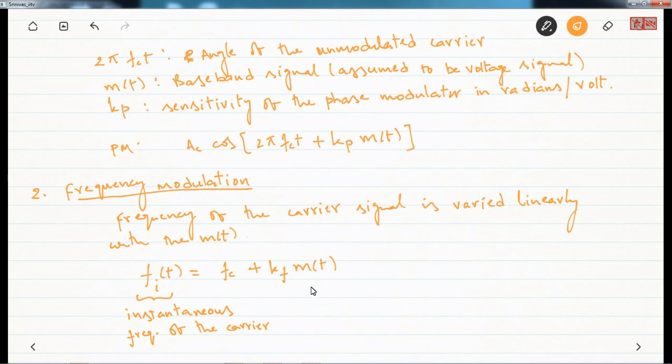And fc is the frequency of the unmodulated carrier, and m of t is the baseband signal, assumed to be a voltage signal.